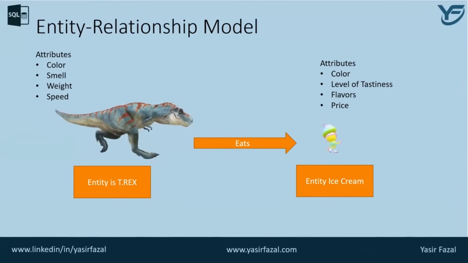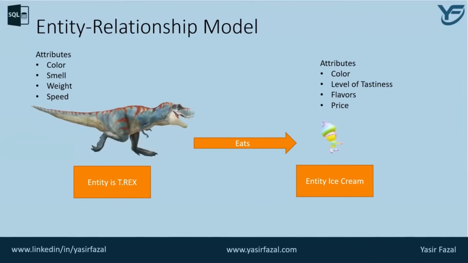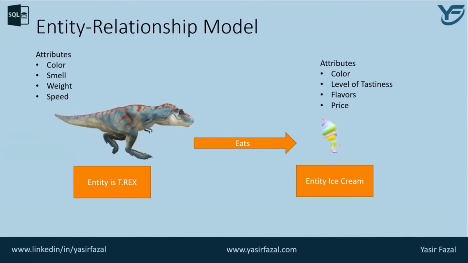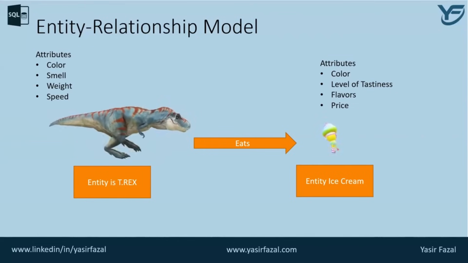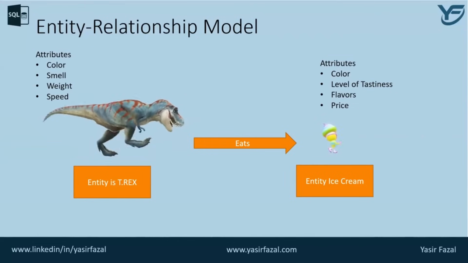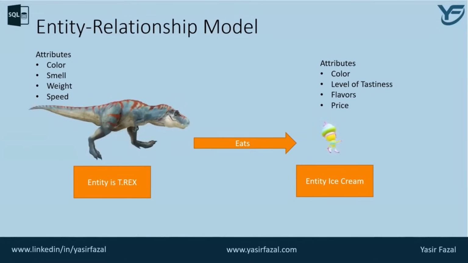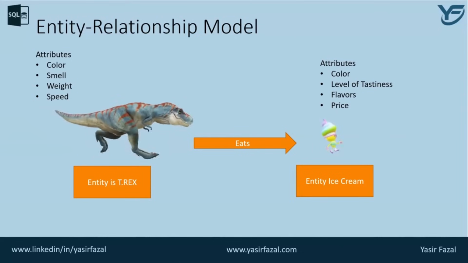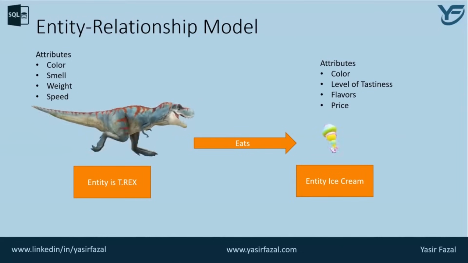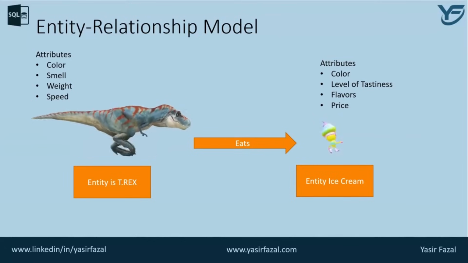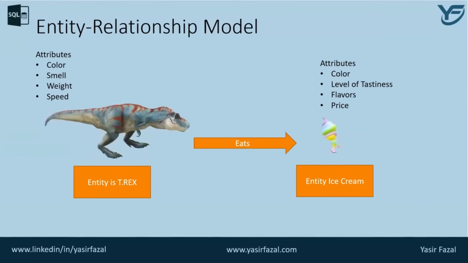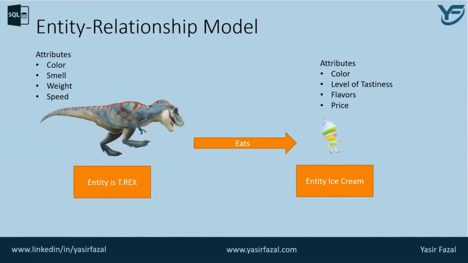Students have various attributes like name, age, class, etc. Here I am talking about the T-Rex, and the T-Rex has various attributes that I have elaborated earlier. Then there is a relationship between the entities. This is the logical association among entities, and it is normally called a relationship. Relationships are mapped with entities in various ways, and mapping cardinalities define the number of associations between two entities.